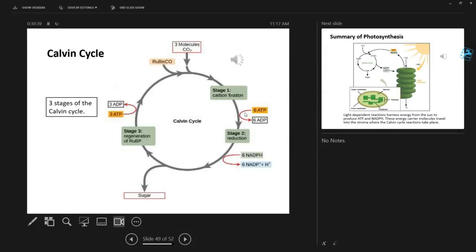And again, like the citric acid cycle, it's a cycle where, in this case, the cycle produces some sugars, but what's left is used in the next circuit of the cycle. So we'll come back to that in a minute.